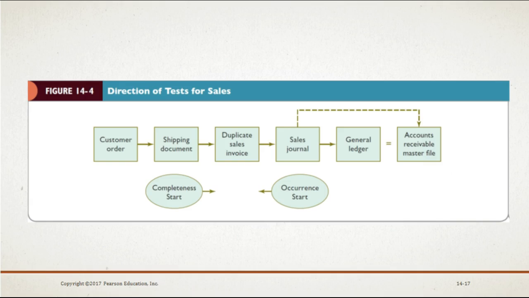In testing for the other four transaction-related audit objectives, the direction of test is usually not relevant. For example, the accuracy of sales transactions can be examined by testing from a duplicate sales invoice to a shipping document or vice versa. You can find Figure 14-4 on page 460 of your textbook.